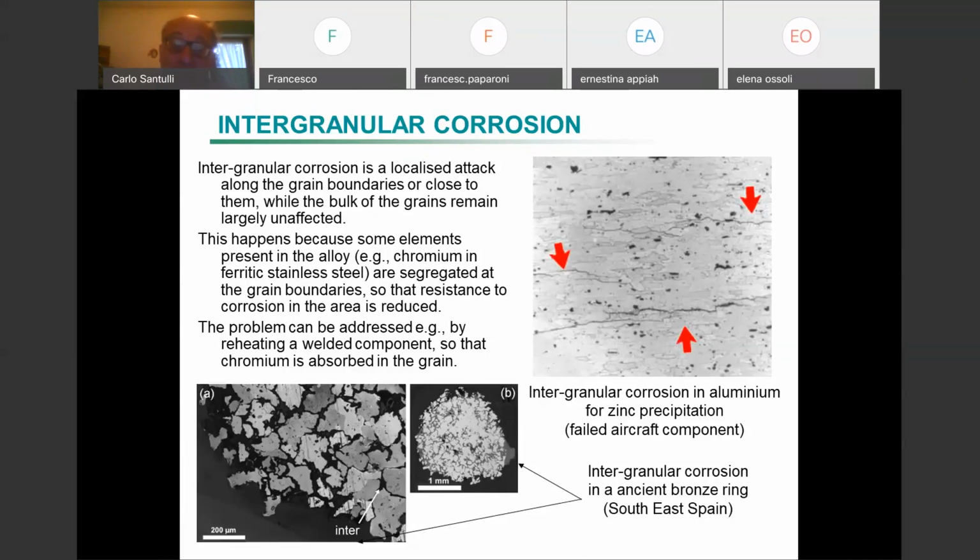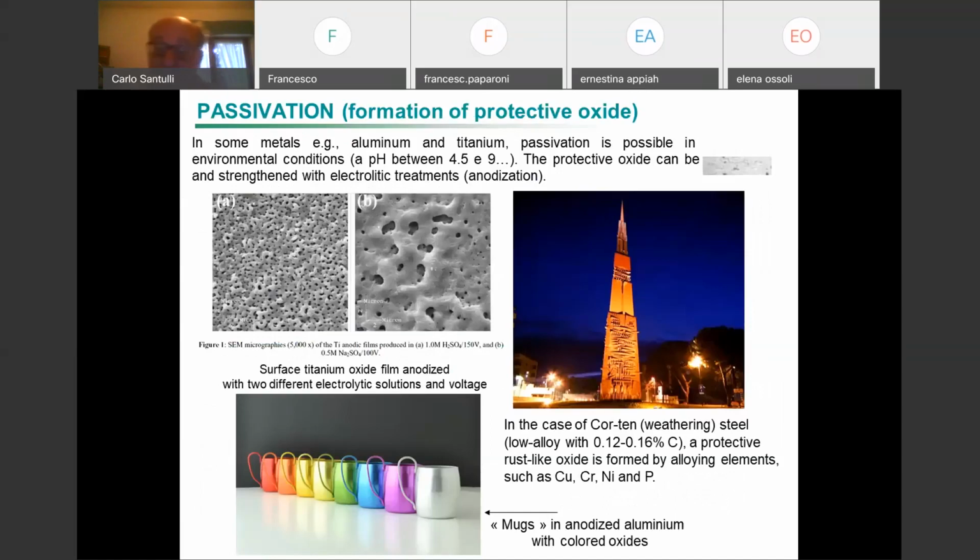Okay, we are almost at the end. We will complete the question about oxidation and then passivation. Oxidation: you may know that you have electrodes and you have one pole which is the anode, the other pole which is the cathode, and at the anode is where oxidation occurs.